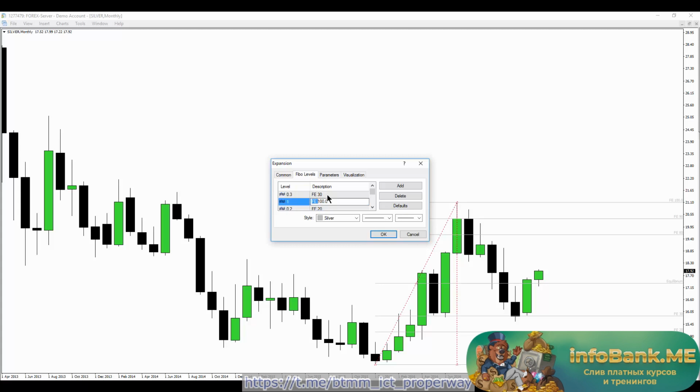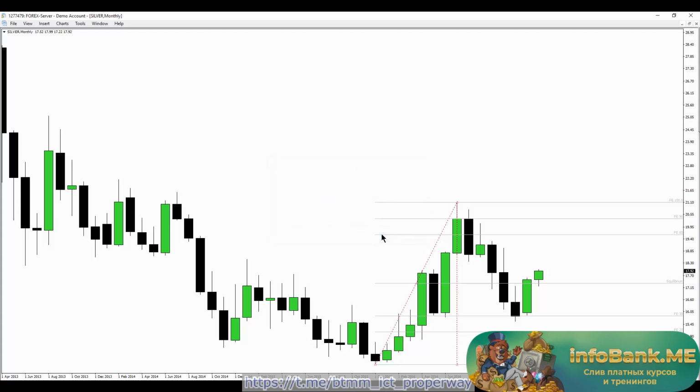Okay, you just double click on the area if you want to make any changes, change it to whatever you want to classify it. 0.20, 0.80, 0.90, 0, and then 0.5, which is equilibrium. And if you ever want to just add a level, you're going to click on that, type in the numbers I just gave you, and type in over here what you want to use as your descriptor, and then OK. And there you go.